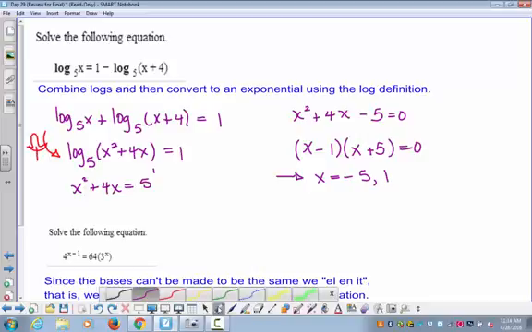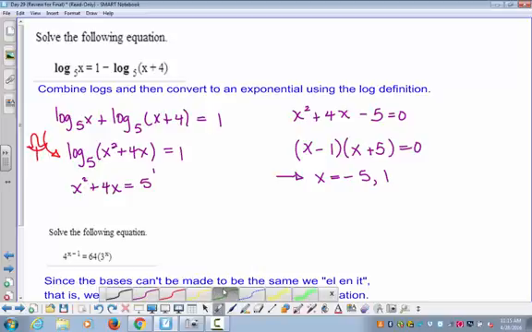And then here we have to check. We started with a log equation. We used the log property. That could be trouble. And the check is cursory. We just go back and make sure that we're not taking the log of something that's non-positive. And oops, we are. Here we're taking the log of a negative. Here we're taking the log of a negative. So bad.